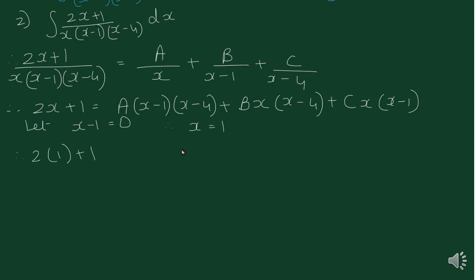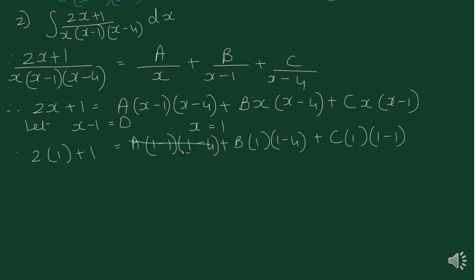So we get a into 1 minus 1, 1 minus 4, plus b into 1 minus 4, plus c into 1 minus 1. Obviously wherever 1 minus 1 is there, those terms are going to cancel because they become 0. And therefore we get 3 is equal to minus 3b. Upon solving it, b comes out as minus 1.